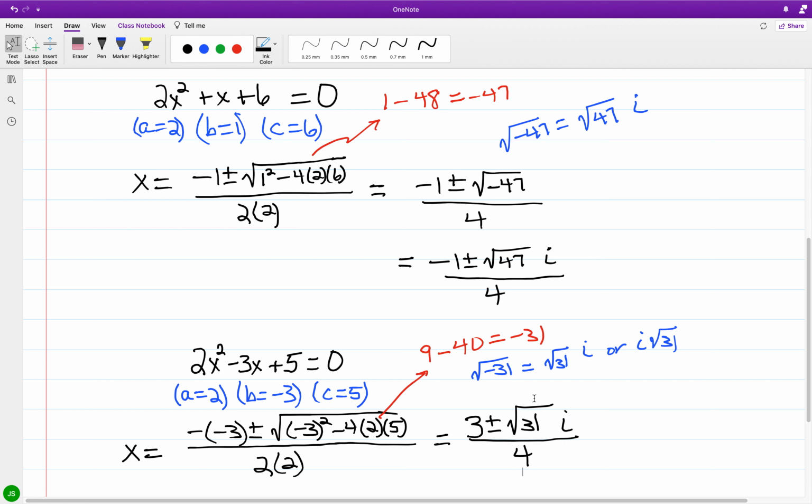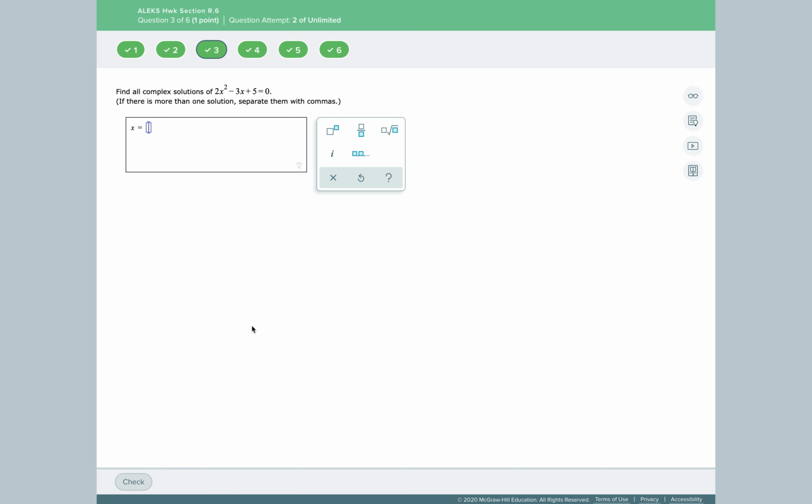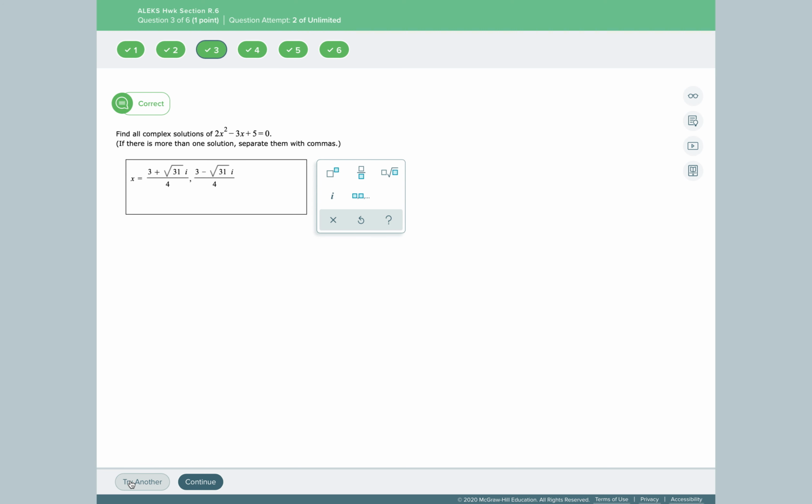And if we look at itemizing, so testing out what we have here: we have 3 plus the square root of 31i all over 4, and we have, again, 3 minus the square root of 31i also over 4. And checking the result, that is also correct.